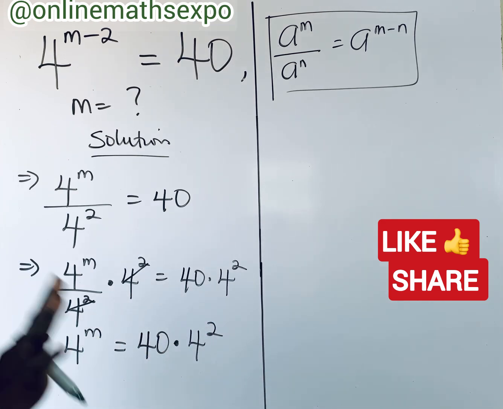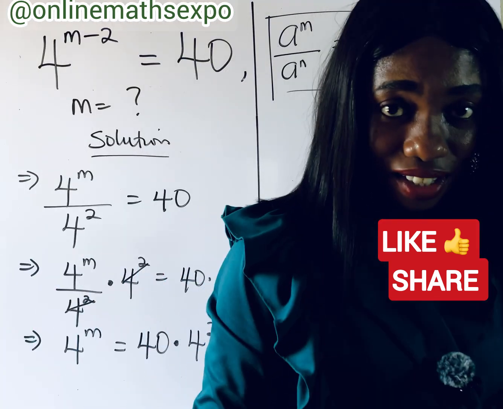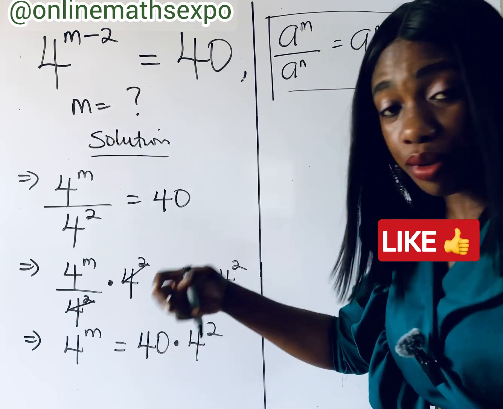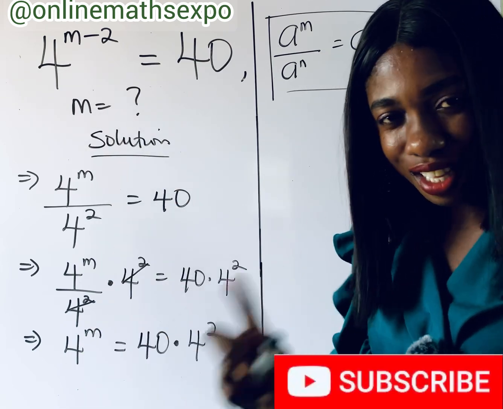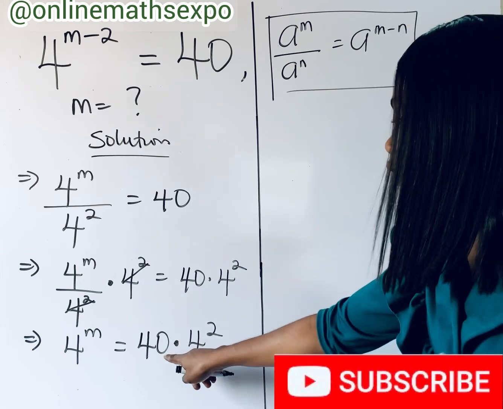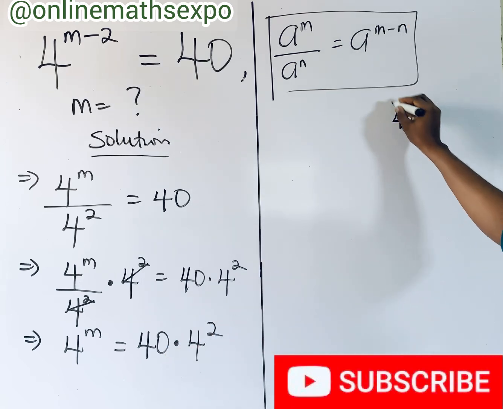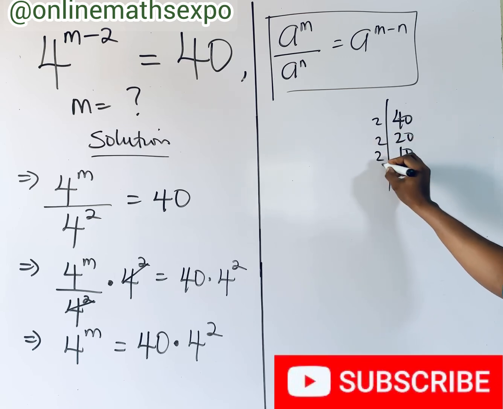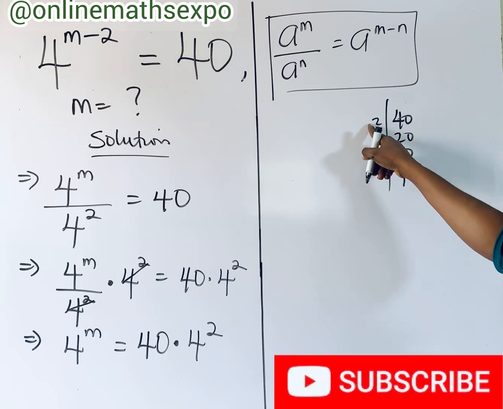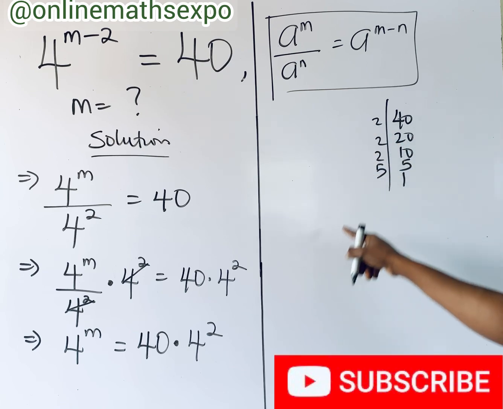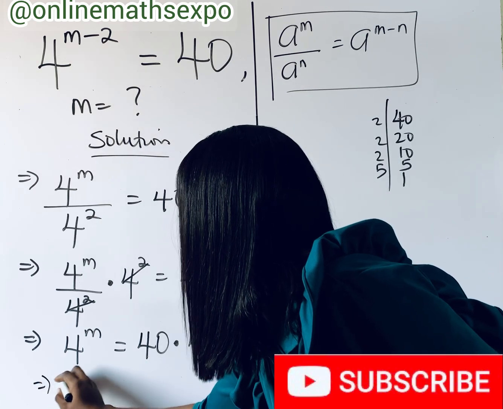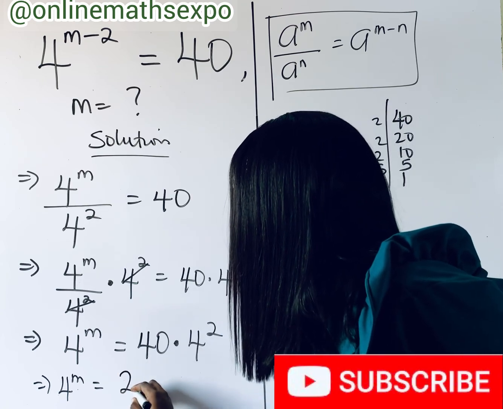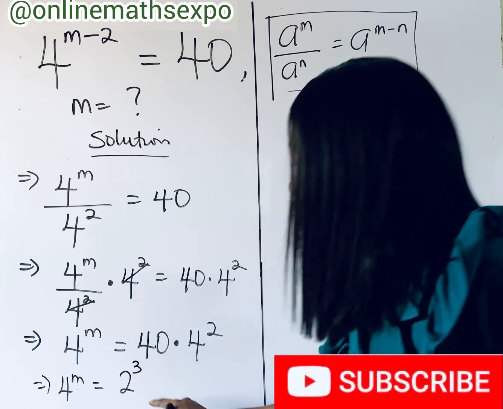Now, at this point, your target is to simplify it, okay? So we're going to express these numbers in prime multiplicative form. Now, let me show you what to do. For 40, you know that 40 divided by 2 is 20, 2 here is 10, 2 is 5, 5 is 1. So you observe that 2 appeared 3 times. So we're going to now have 4 to the power of m is equal to, for this we have 2 raised to the power of 3.